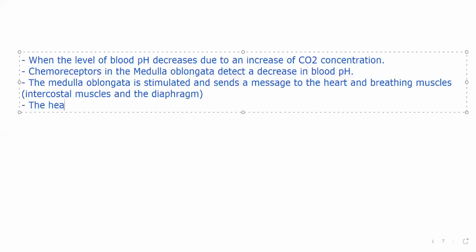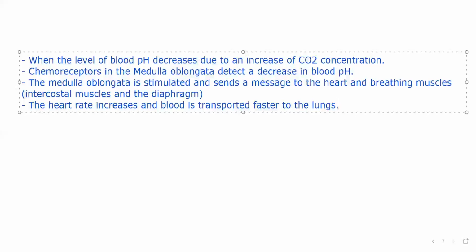The heart rate increases and blood is transported faster to the lungs. Therefore, blood needs to be sent to the lungs because this blood will be carrying a lot of carbon dioxide. That's why the heart rate has to increase.